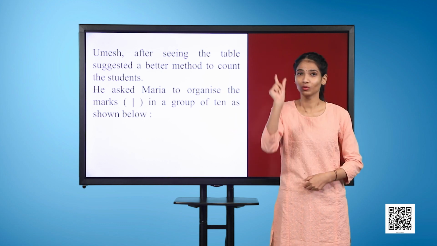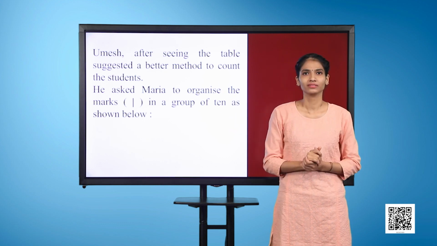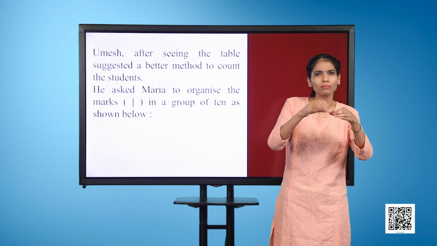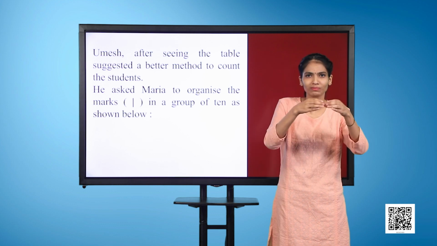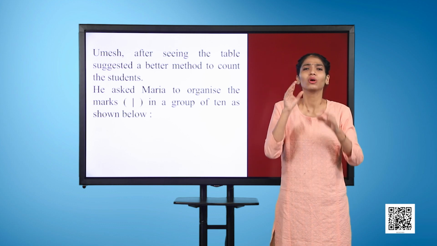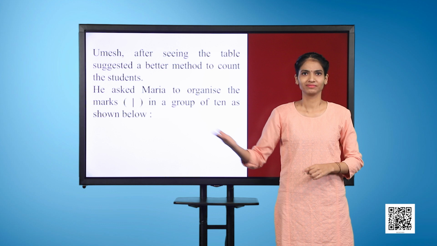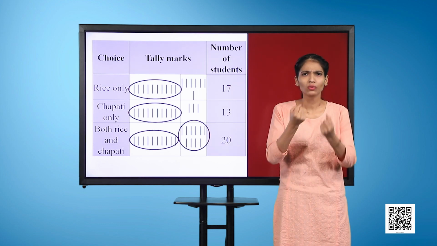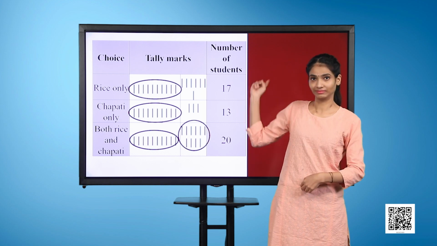Umesh, after seeing the table, suggested a better method to count the students. He asked Maria to organize the marks in a group of 10, as here. Column 1 choice, column 2 tally marks, column 3 number of students.